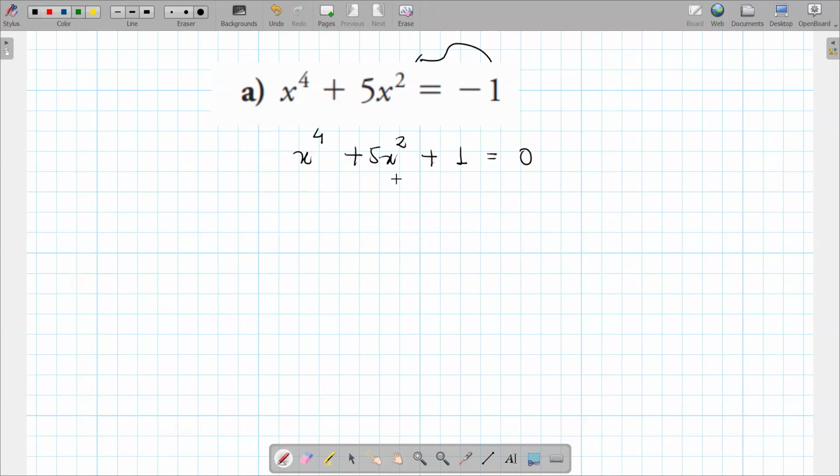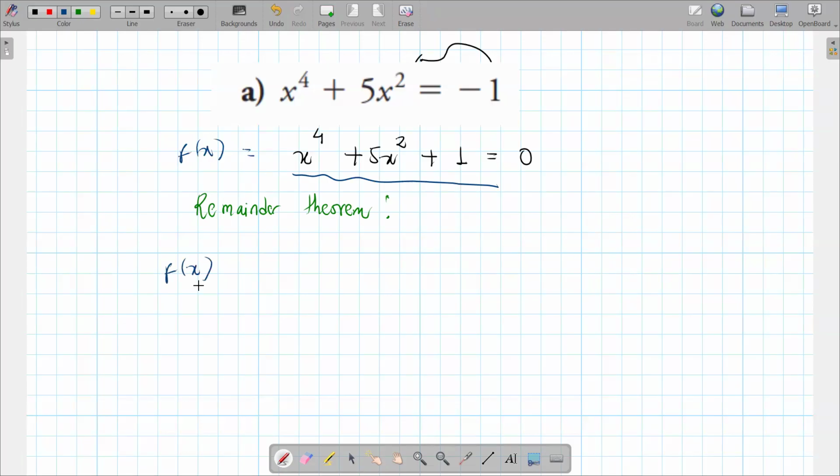To factor this, we're going to use something called the remainder theorem. Now, what does the remainder theorem tell us? Let's say you have some function f of x.